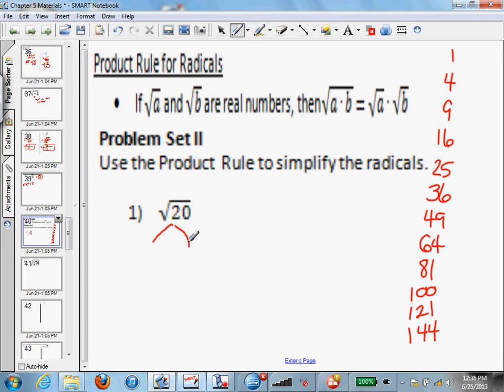So you can think of 20 as being 4 times 5. And I like to think of these as being multiplied inside the radical, and then break these radicals apart even farther. So, as we can see, this would be 2.